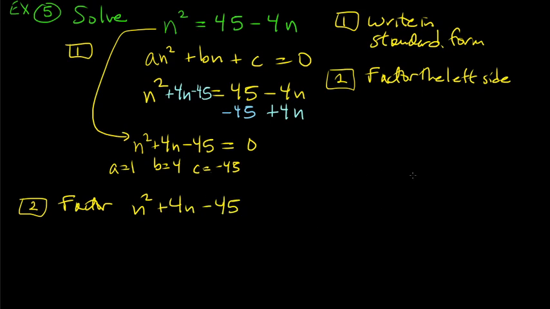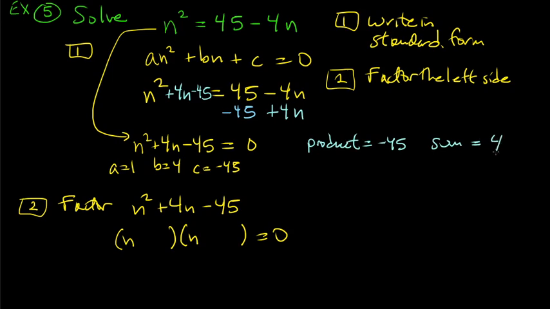This is done the exact same way we did the previous problem. Since a is 1, all we need are two numbers that when you multiply them, you get negative 45, and when you add them, you get positive 4. So the product is negative 45, and the sum is positive 4.